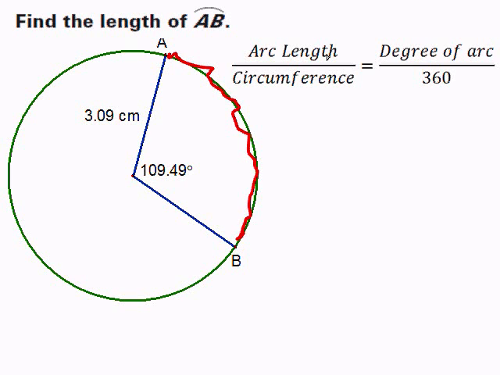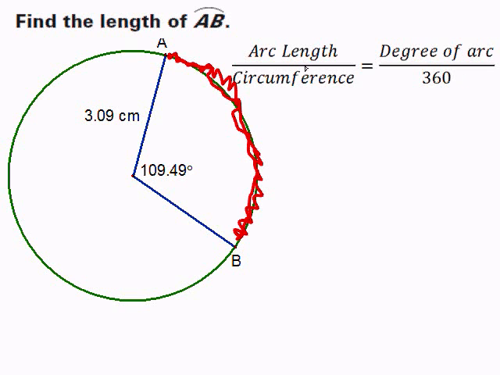However, it can be fairly easy to remember if you think part over whole equals part over whole. Let me show you. The arc length is the part of the circle we're looking at, over the circumference, which is the entire circle, is equal to the degree of the arc, that's 109.49 degrees, the part of the circle, over the entire circle, which is 360 degrees.